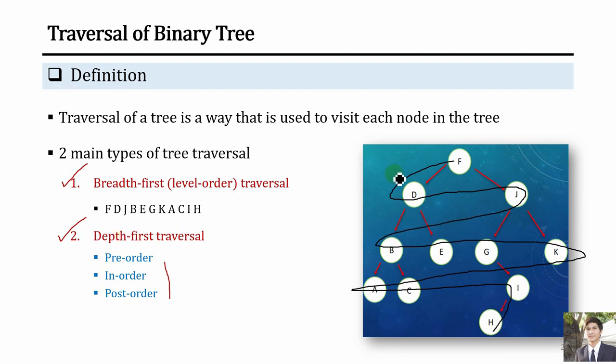So the data that we get is F. We go from top to bottom, and we visit from left to right. So we got F, D, J here, B, E, G, K, and then from the left A, C, I, and H. This is what we get if we use the breadth first search from top to bottom and left to right.